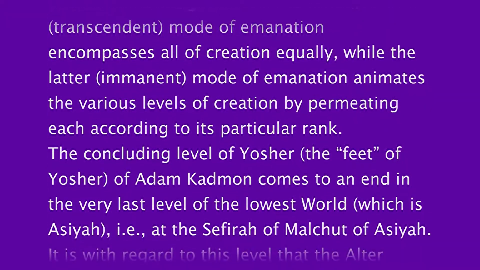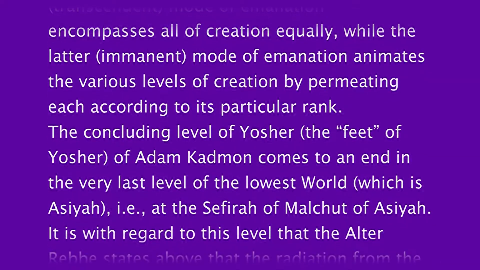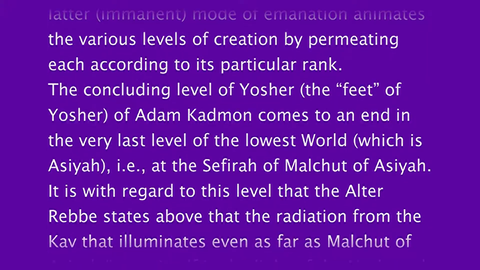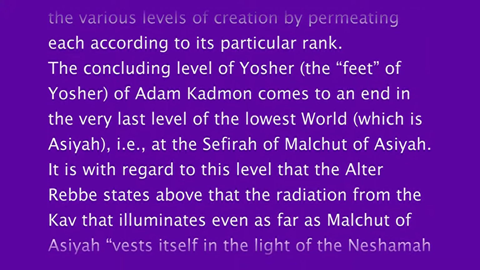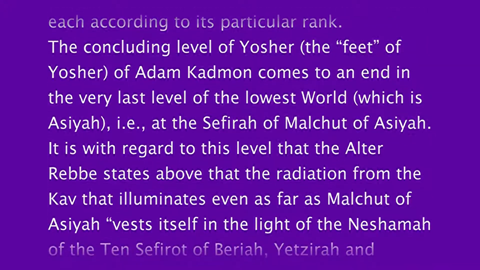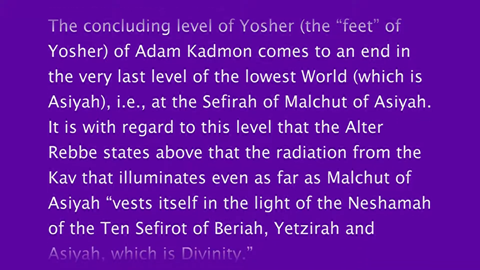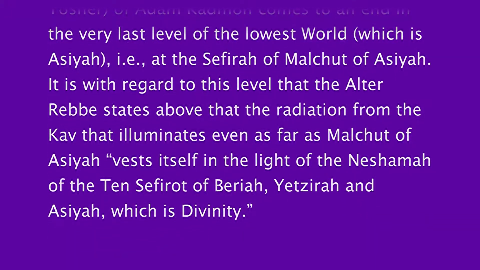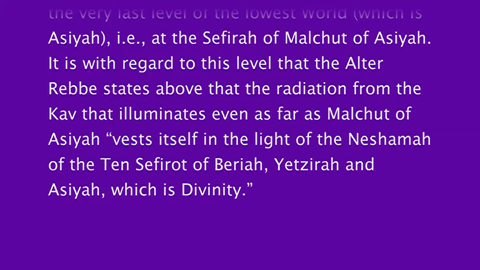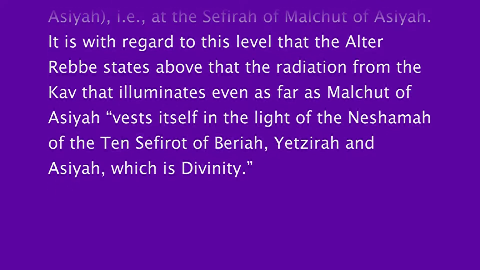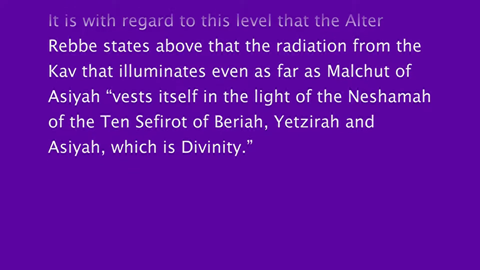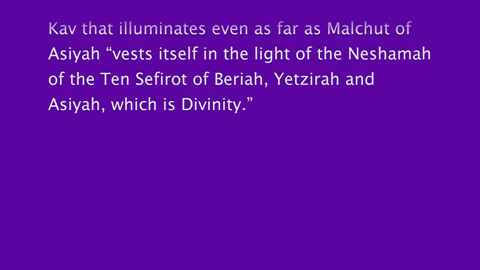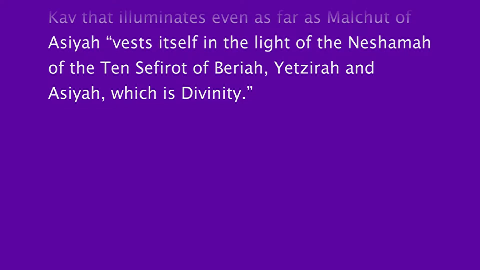The concluding level of Yosher, the feet of Yosher, of Adam Kadmon, comes to the very last level of the lowest world, which is the Asiyah, i.e. at the sphere of Malchut of Asiyah. It is with regard to this level that the Alter Rebbe states above that the radiation from the Kav that illuminates, even as far as the Malchut of Asiyah, vests itself in the light of the neshama of the 10 Sefirot of Beriah, Yetzirah, and Asiyah, which is divinity.